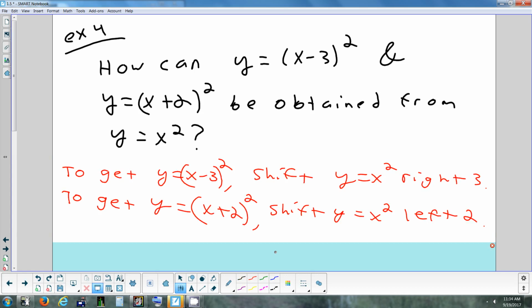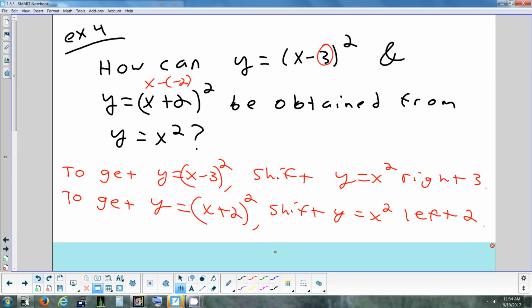So the way I think about it is I always think about the number that's after the minus sign. Block the minus sign out, block everything else out, just look at the number after it. It's a 3. 3 is positive, so we go to the right. For the other one, I would think of what's inside the parentheses as x minus minus 2, and I do exactly the same thing.